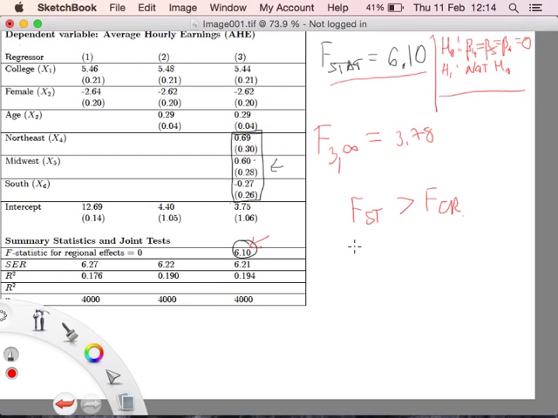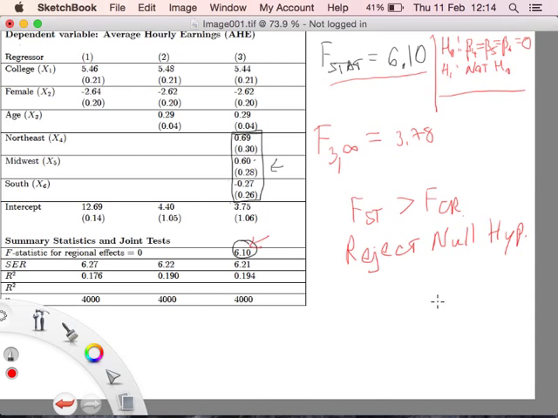Like a t stat being greater than t critical. Reject, exactly. It's the same way as in the t-test, where we reject null if the t stat was greater. So do the same here. Reject null hypothesis.